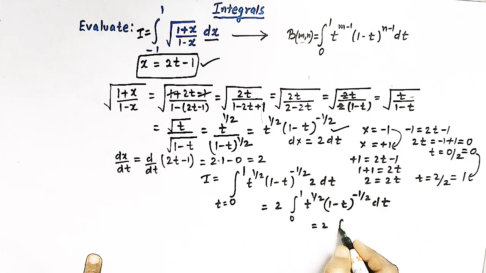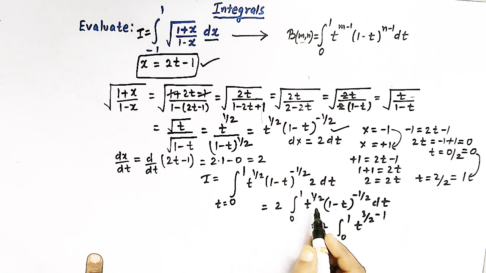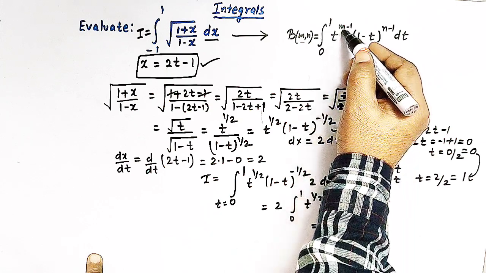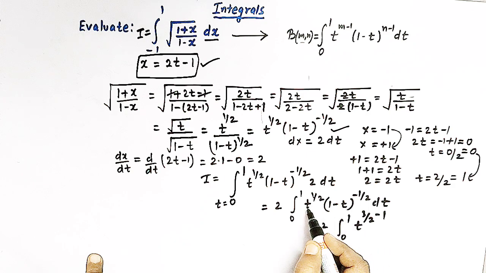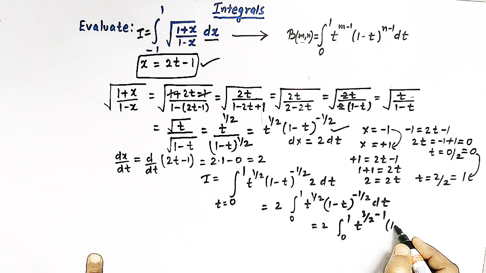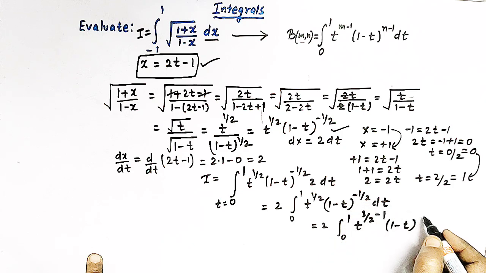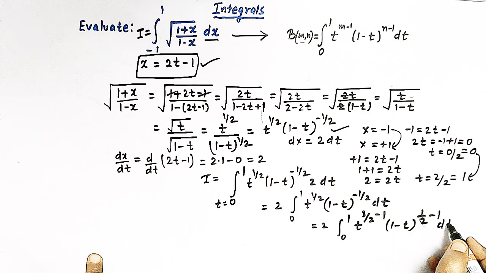So let us write this half as 3 by 2 minus 1, right? Because here we have t raised to m minus 1. So we can write t raised to half as t raised to 3 by 2 minus 1. And here we have (1 minus t) raised to minus half. So this can be written as (1 minus t) raised to half minus 1, and here we have dt.